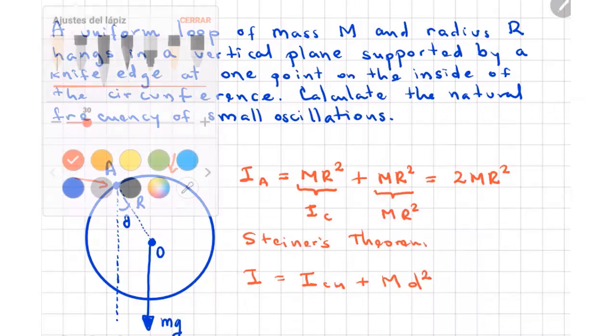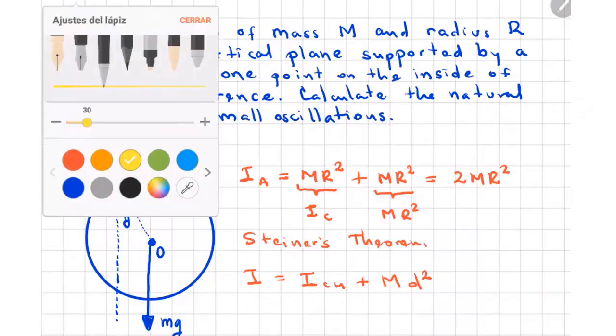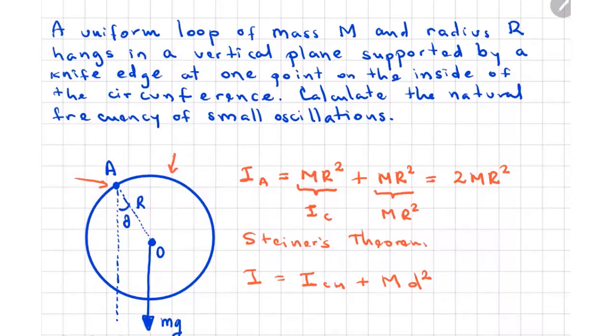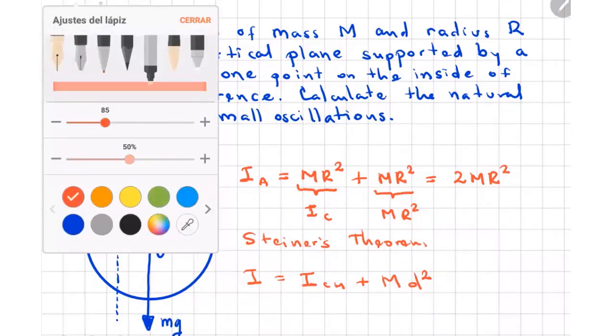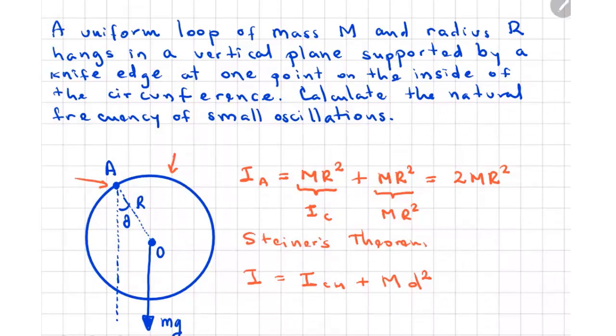If we make a comparison here, I'm going to highlight this m r squared with yellow.